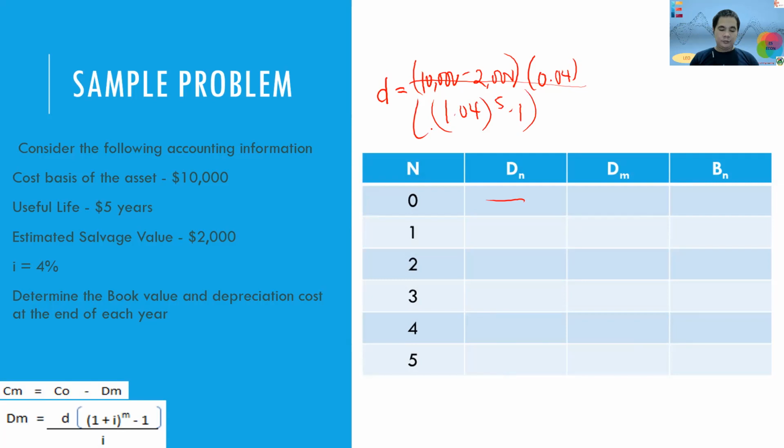Therefore, your depreciation value is 8,000 times 0.04 divided by (1.04 to the exponent of 5 minus 1). So the depreciation value on every year is 1477.02.